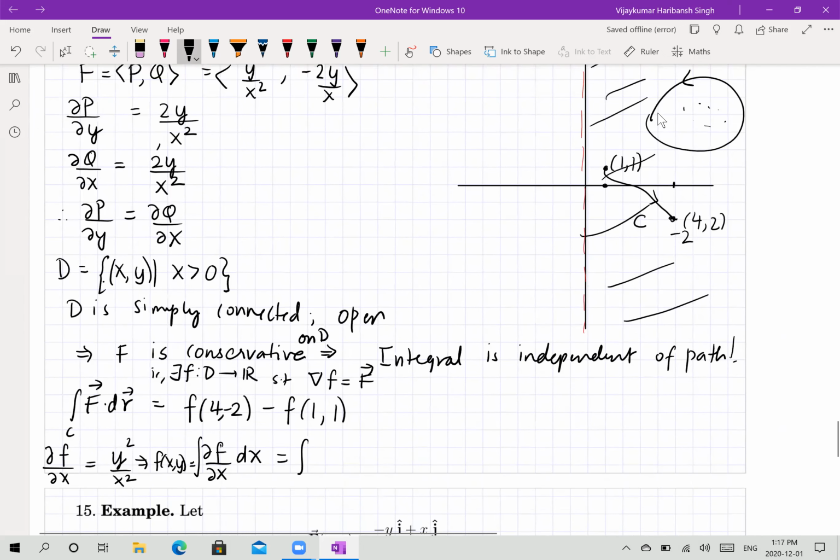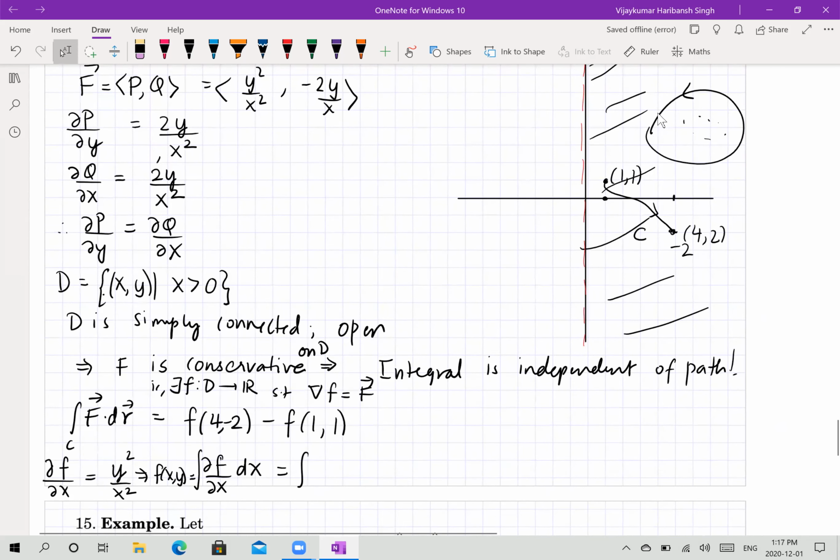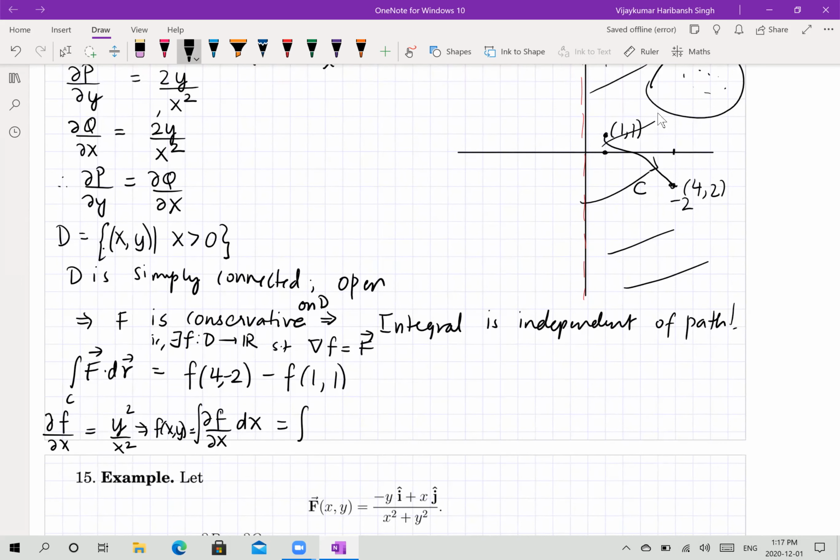The integral of y squared by x squared with respect to x is minus y squared by x plus a function of y.